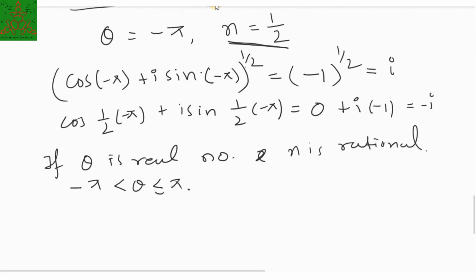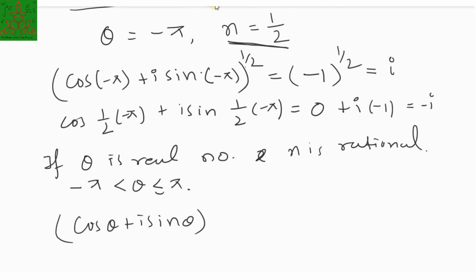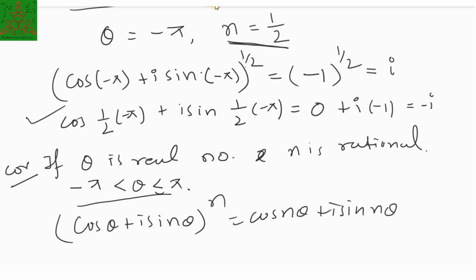If it is a principal argument, then (cos theta + i sin theta)^n is equal to cos n theta plus i sin n theta. So that is the next corollary we can have, and this condition is necessary due to this example that we have discussed here.